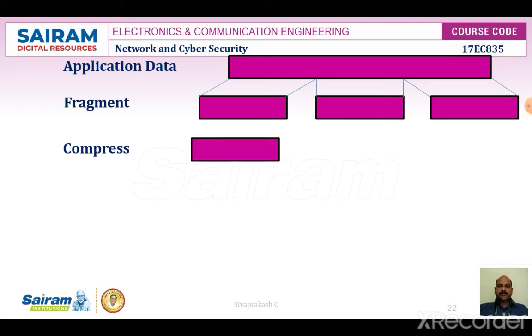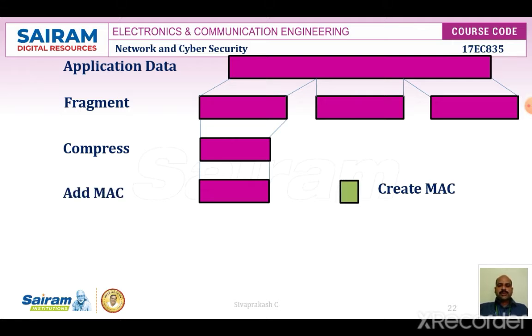These fragmented blocks are then compressed. Why do we need to compress this? Because to add the MAC data, the block size should not be enlarged beyond the specified block. To overcome this, the data is compressed first. Then we take the compressed data and create a MAC code.